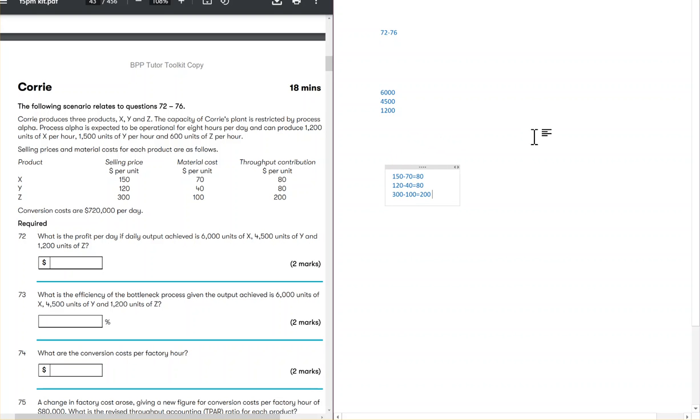So we have 200. It was actually given here. Multiply by 80. Multiply by 200. So it gives us total throughput, which is 480,000 plus 360,000 plus 240,000.